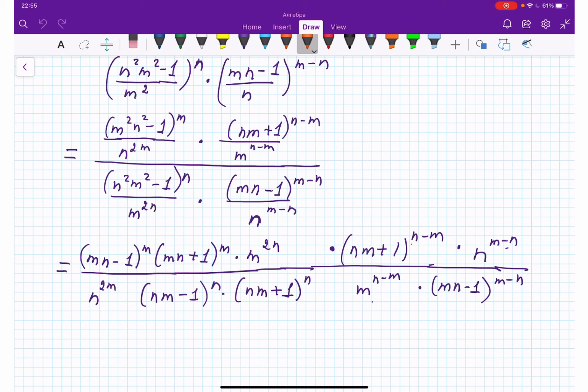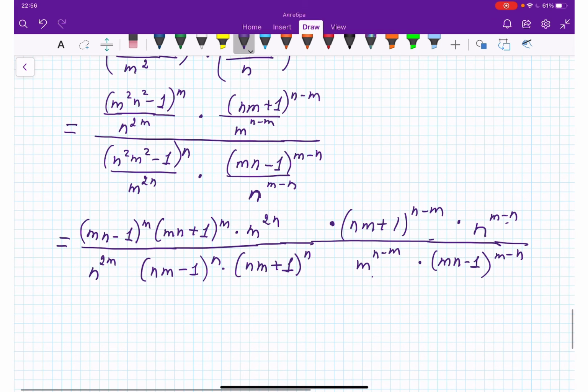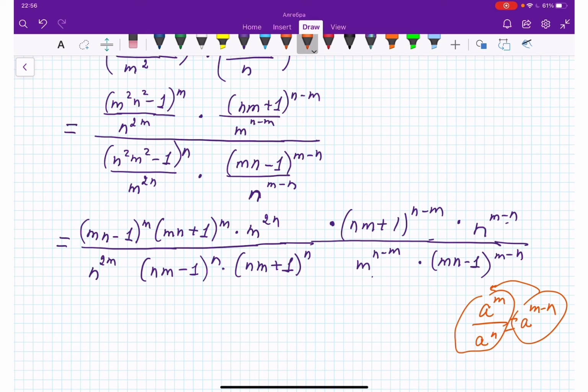You see here subtraction of exponents. I'm going to separate them using the property of division. Just to remind you, a^m divided by a^n is equal to a^(m−n). Now I'm going backwards. From here I'm getting to this format. All right.